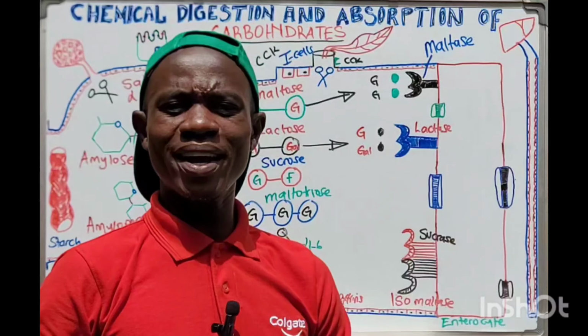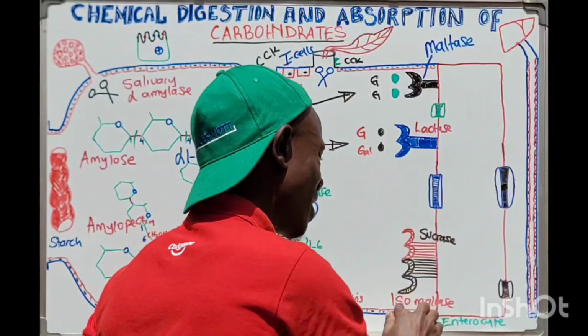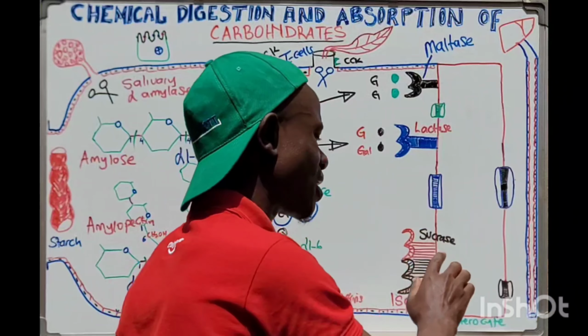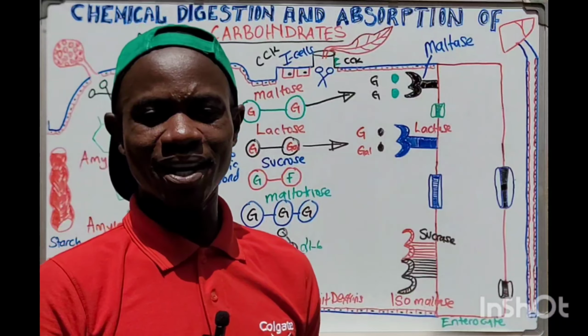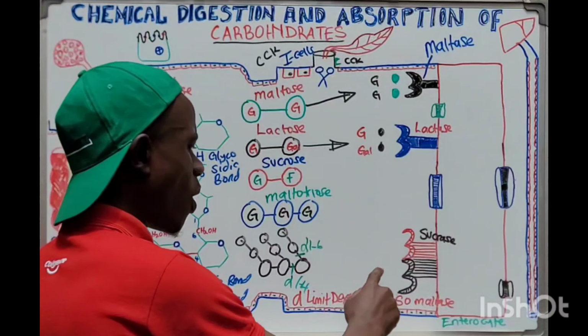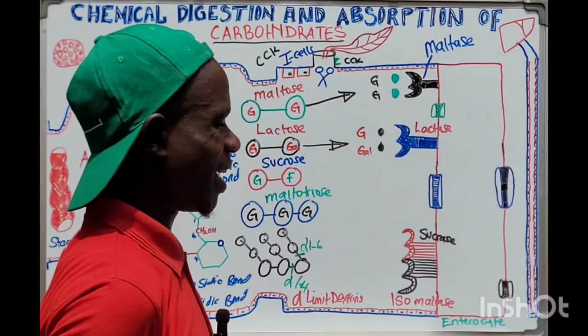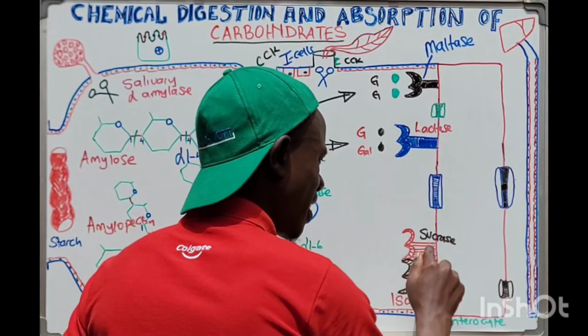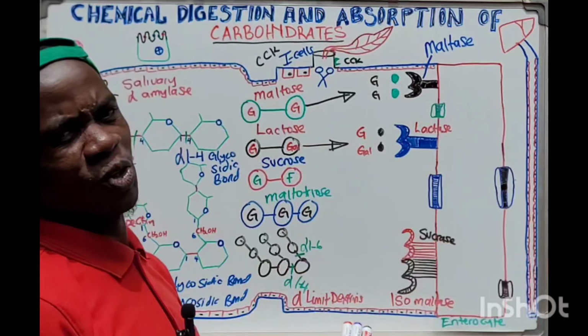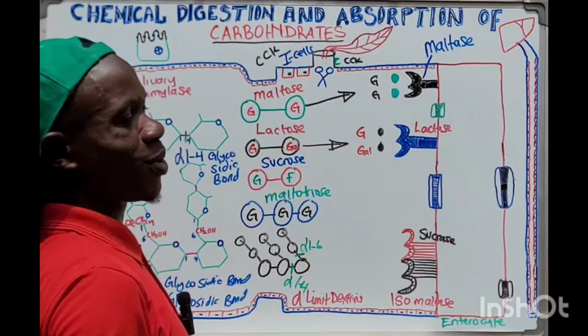So now let's see what these enzymes, isomaltase and sucrase, do exactly. What do these enzymes break? The enzyme we call sucrase, what is it going to break? We have what we call sucrose.